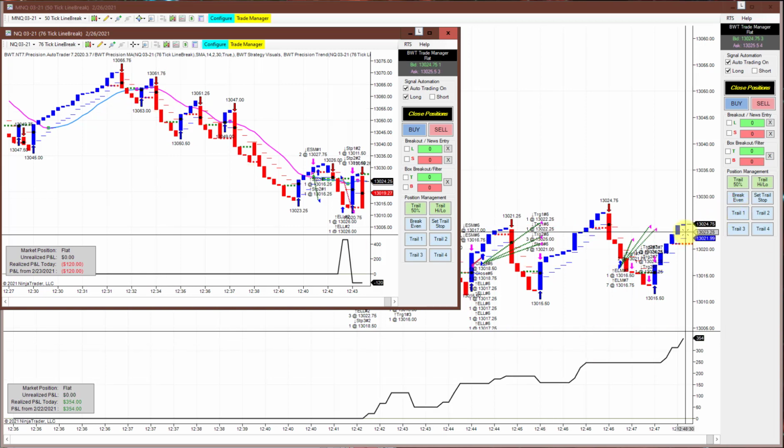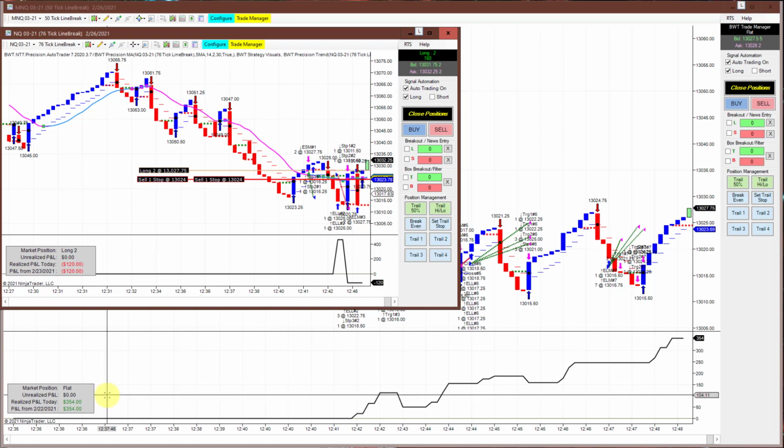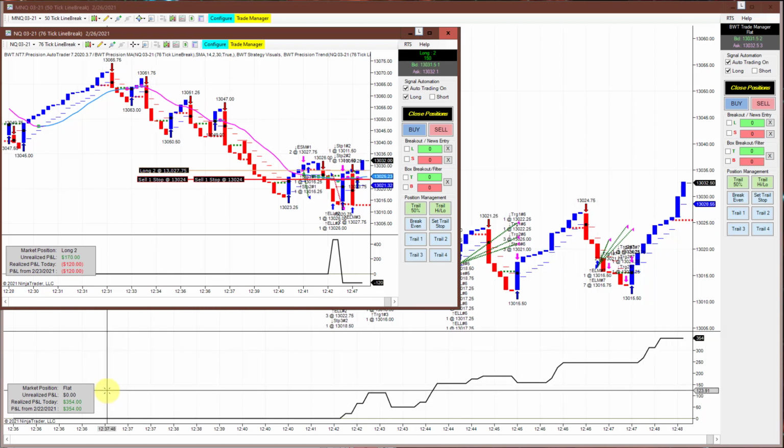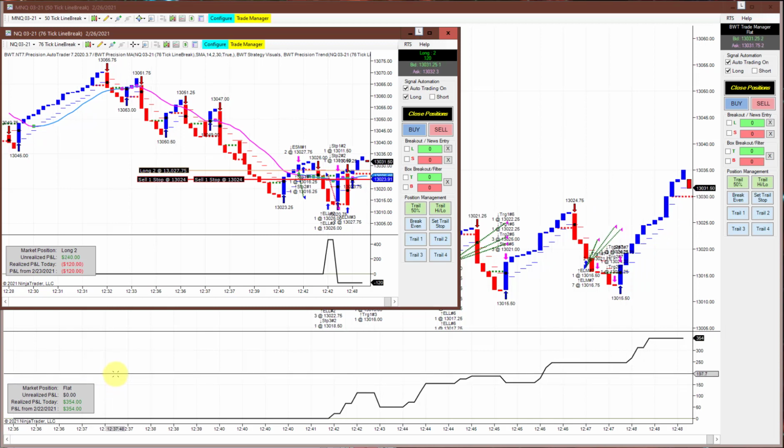Note how the OneupTrader trails the stop so tightly. So 354 in the micros is pretty nice. You could call it a day if you're a small account trader.